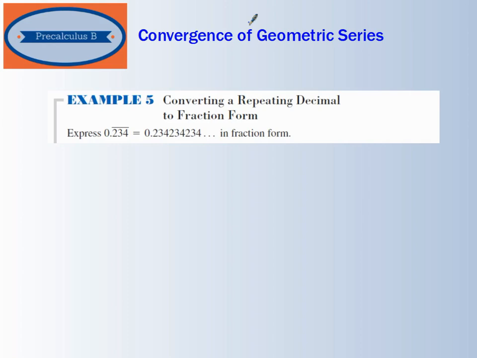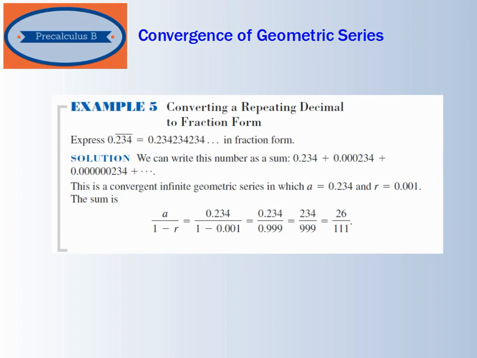If I wanted to express the decimal 0.234 repeating in fraction form, I could use the convergence of a geometric series. We can rewrite this as a sum of 0.234 plus 0.000234 plus 0.000000234, etc. This would be an infinite geometric series in which a is 0.234 and r is 0.001.